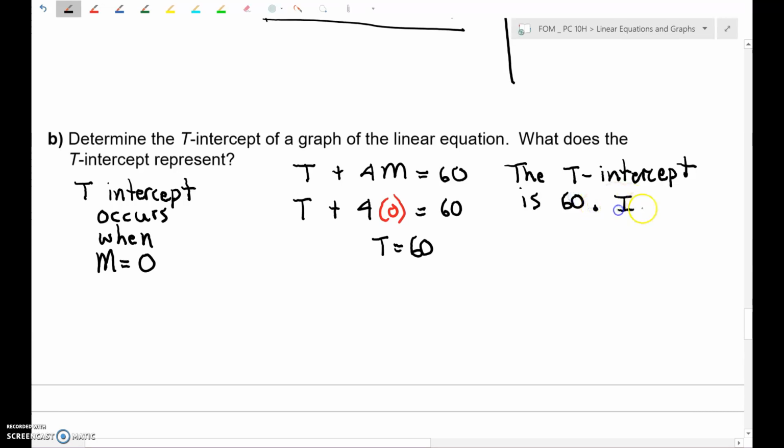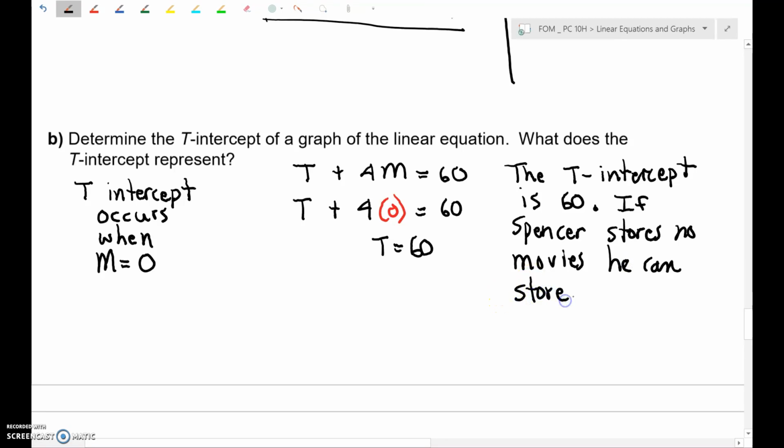If Spencer stores no movies, he can store 60 television shows on his laptop.